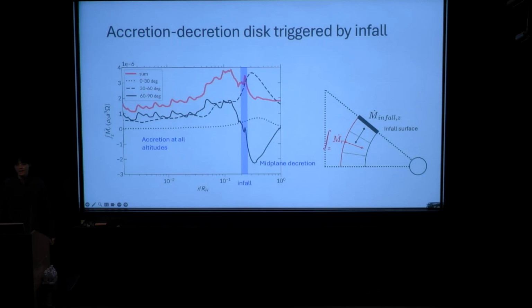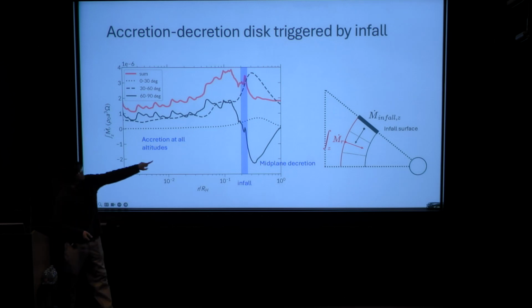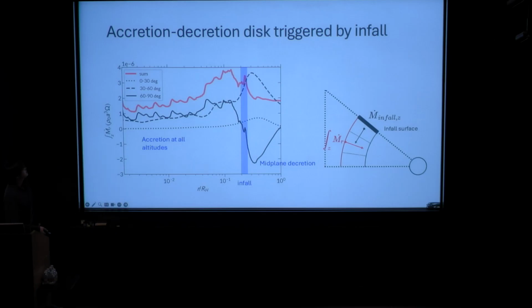After this, we can examine the consequence of infall. We have an infall, so how does it influence the radial mass flux? In this plot, I give you the vertically integrated radial flux, which corresponds to the red cartoons. Here I show you the radial flux from different theta segments.